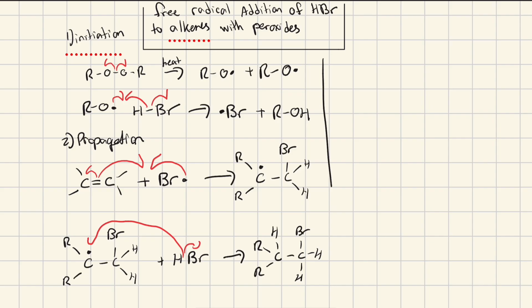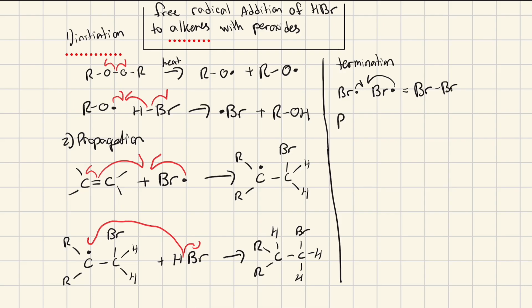Our termination step is going to be the same as any free radical addition, where we're going to look for any two free radicals that are in the mixture, and we're going to combine them together. The only radical that isn't involved in termination are going to be the peroxides. But everything else, we can just combine together to form a product. So we can have two Br radicals come together and get our Br2.